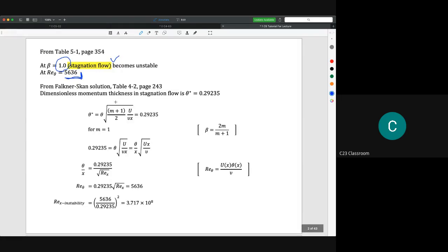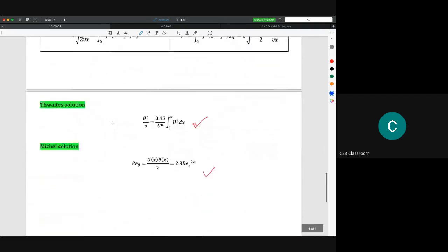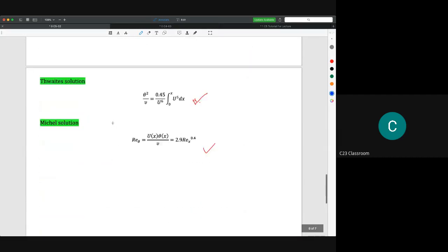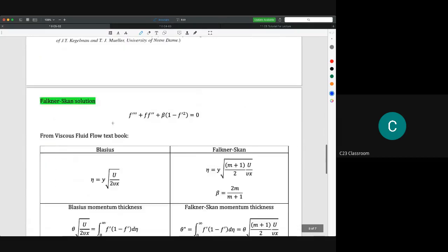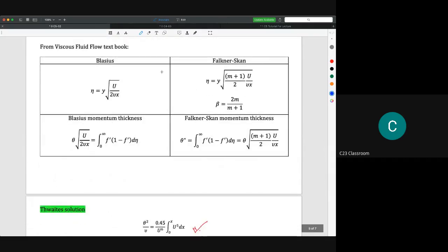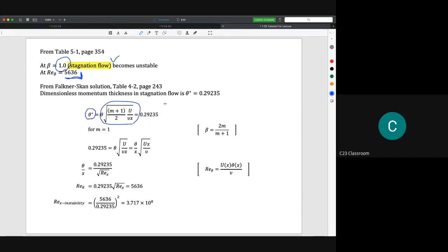So we could say that theta star here, the equation is equal to theta square root of (m plus 1) over 2 times u over nu x. I showed you this in the previous notes; in chapter 4 you can get it.